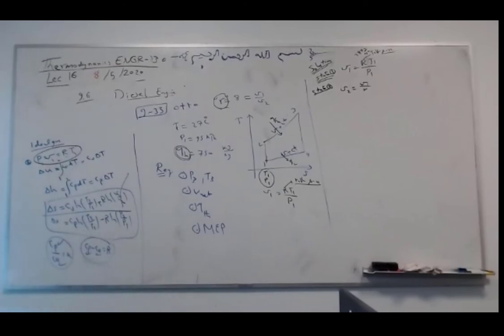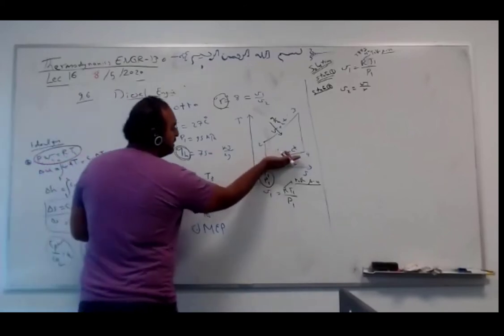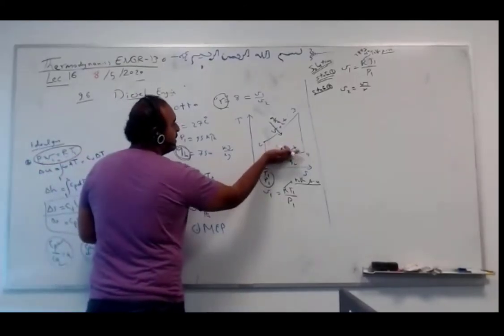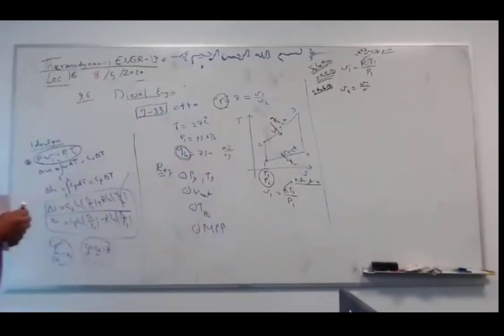That's clear in the PV diagram. And remember, V2 is constant between 2 and 3, because this is an Otto engine. Unlike a diesel engine, constant pressure between 2 and 3. So we have V2, guys, correct?